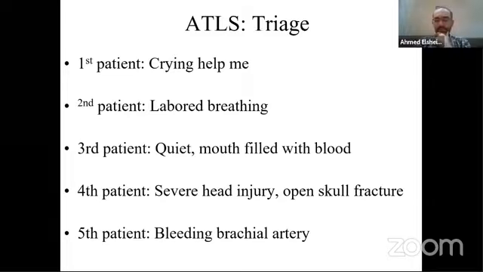ABC, treat airway first. Okay, it's good to hear ABC, but if all of you know the ABC, but when you come to applying the ABC, you don't know how to apply it, this means that there is a discrepancy between what you know and what you apply. And as you know, the level of knowledge is different.